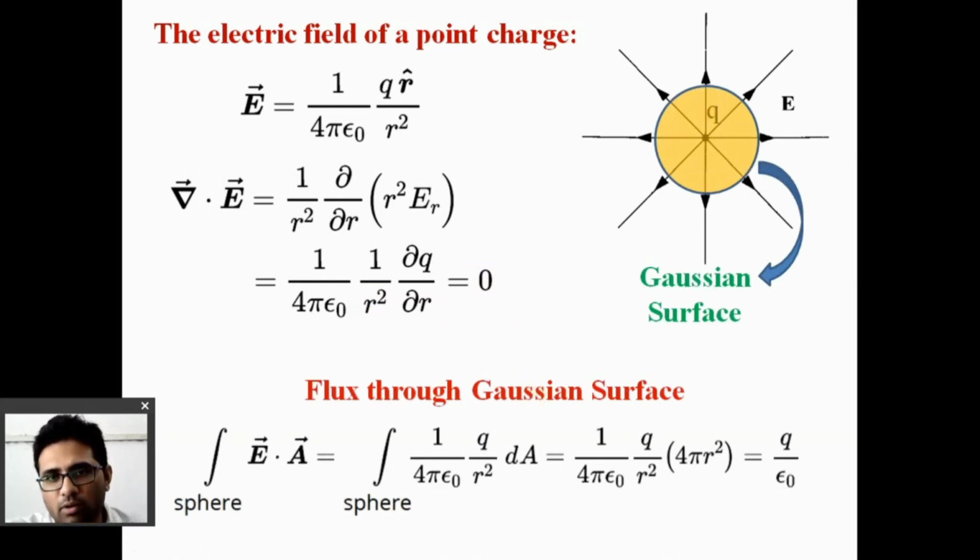Now if we find the flux through a Gaussian surface, we have to form a Gaussian surface enclosing that point. In that case the total flux will be q by epsilon naught, because as this is a spherical surface, the total surface area of that sphere will be 4 pi r square, and we get q by epsilon naught.